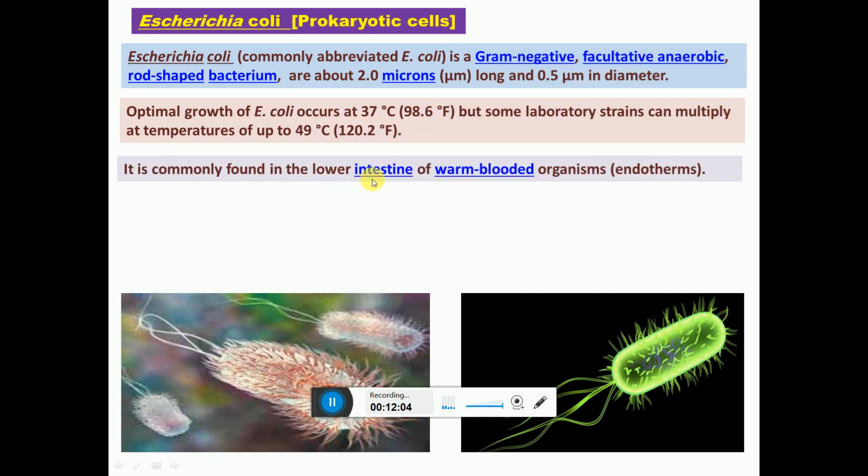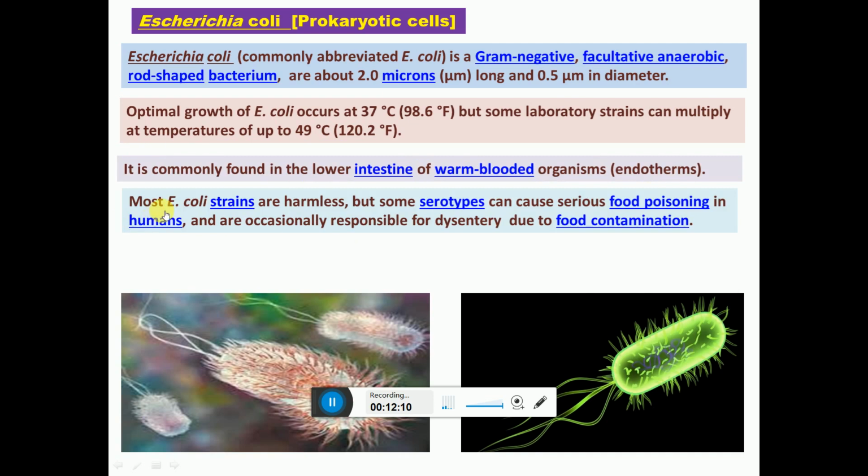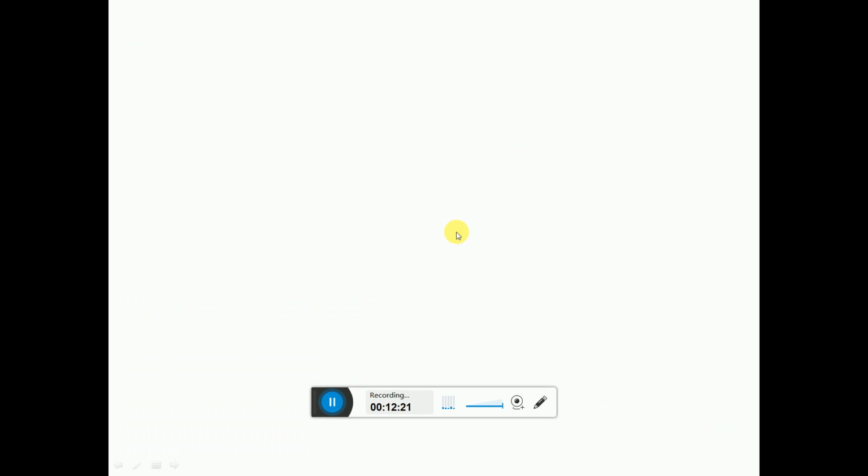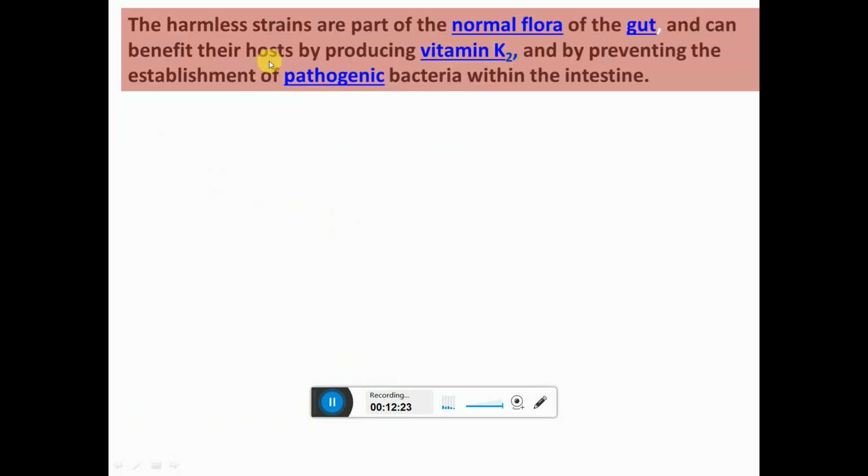It is commonly found in the lower intestine of warm-blooded animals, including man, so they are called endotherms. Most E. coli strains are harmless, but a very few serotypes cause food poisoning and are occasionally responsible for dysentery. The harmless strains are part of the normal flora of the gut.